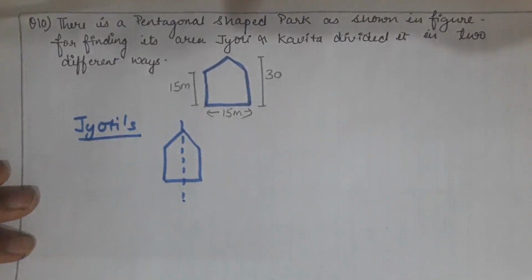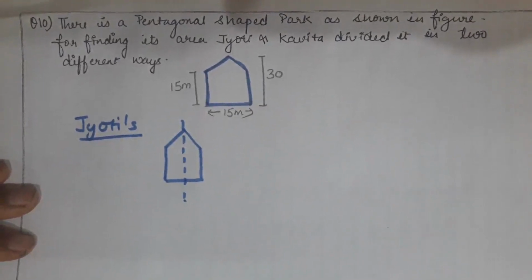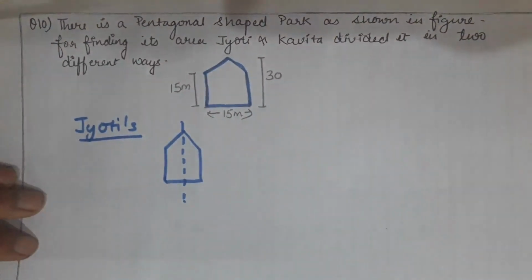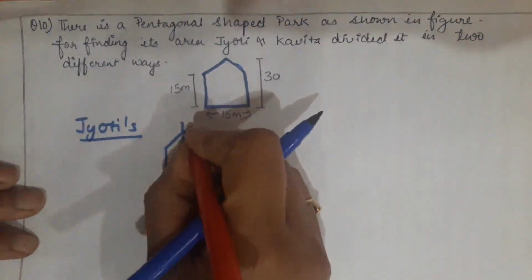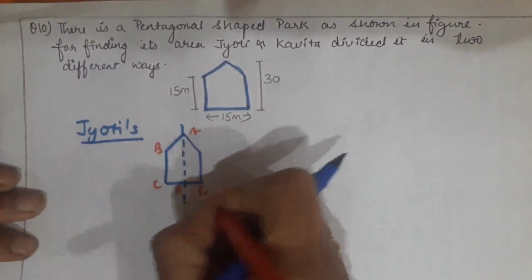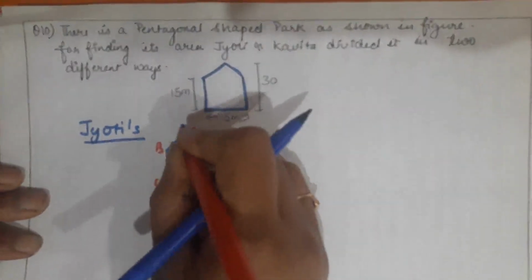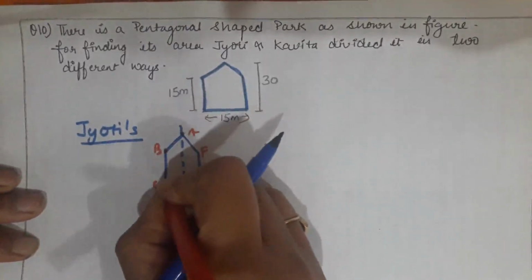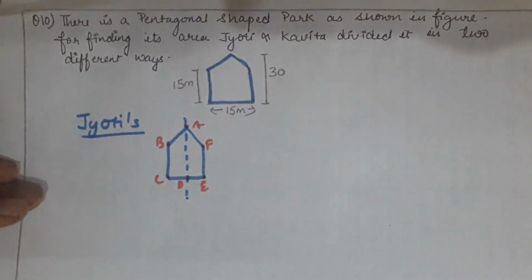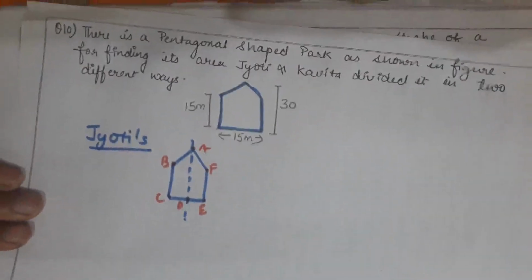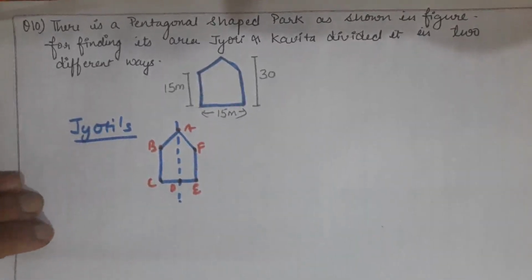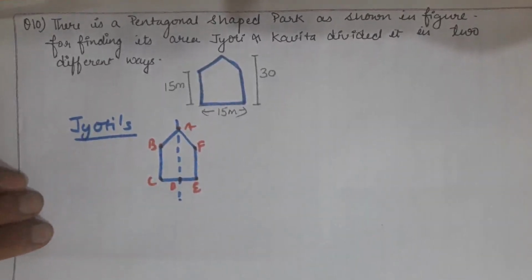According to Jyoti, she is saying that this pentagon should be divided in this way, into 2 trapeziums. Okay, so let's name this diagram. Now according to Jyoti, she is looking at this diagram as two trapeziums.